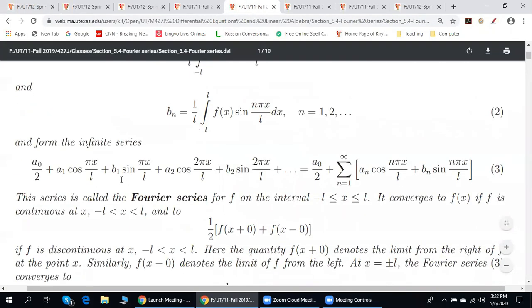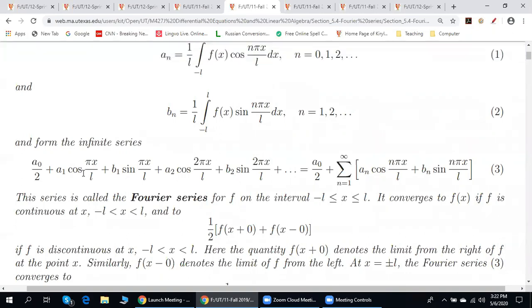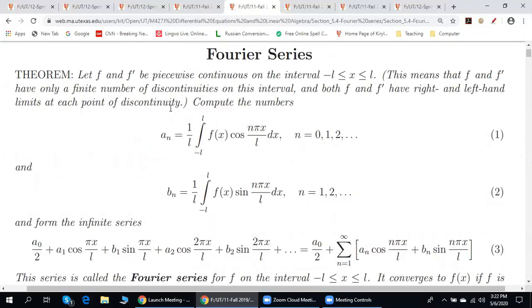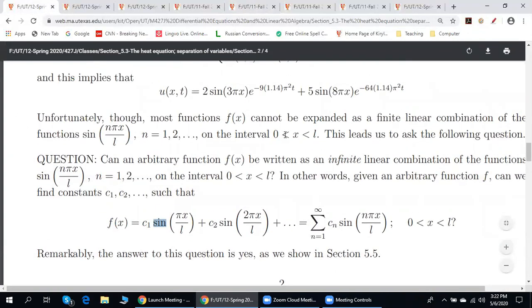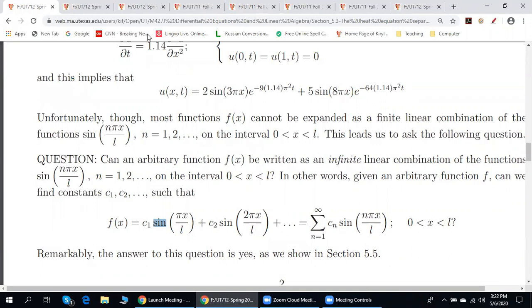Over here, we have both sines and cosines. But as I said, we will fix this problem in section 5.5. Here is another difference. In this section, function is defined on the interval from negative L to L. Over here, from 0 to L. But once again, this will be fixed later.